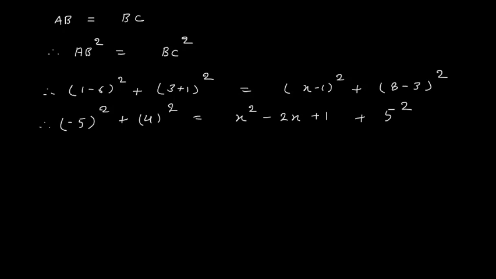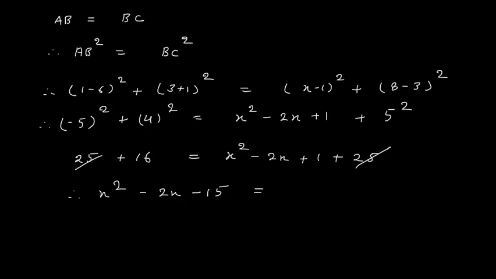So minus 5 square is 25, 4 square is 16, and here it is x square minus 2x plus 1 plus 25. So this 25 and this 25 we can cancel. So x square minus 2x, this 16 will come on this side, it becomes minus 16. So 1 minus 16 is minus 15. So x square minus 2x minus 15 is 0.